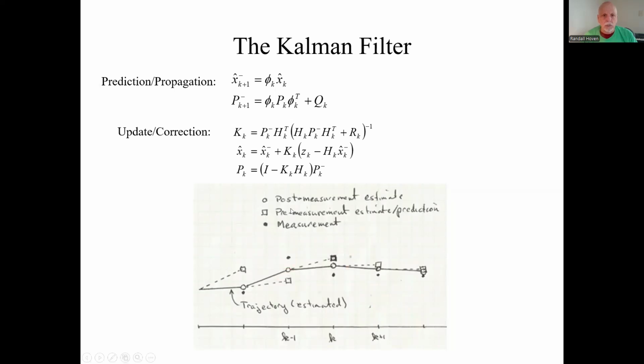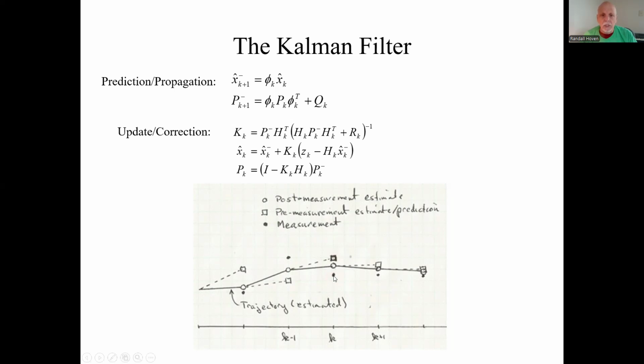Going from here to there. This little circle was the post-measurement estimate. We use that to propagate up to time k. This would be time k plus 1. This would be the x of k minus 1 propagated up to time k. And we get this square up here. That's the pre-measurement estimate. And then once we're there, we make a measurement, this little dot here.